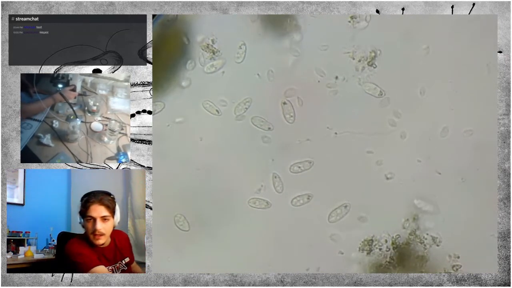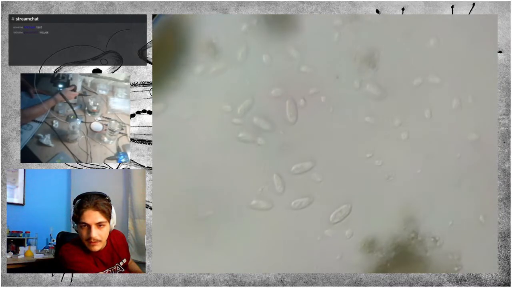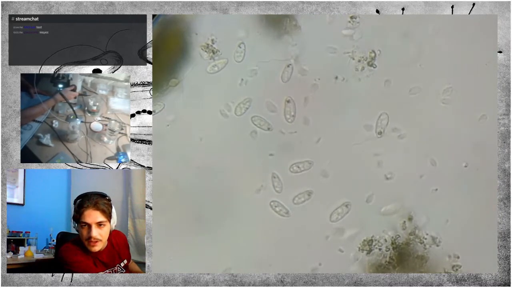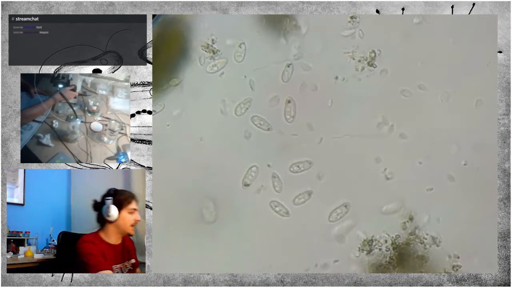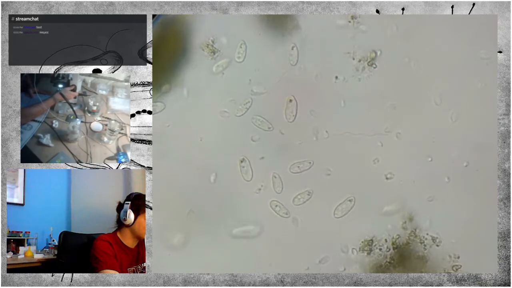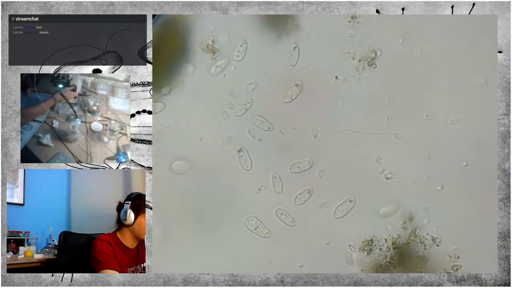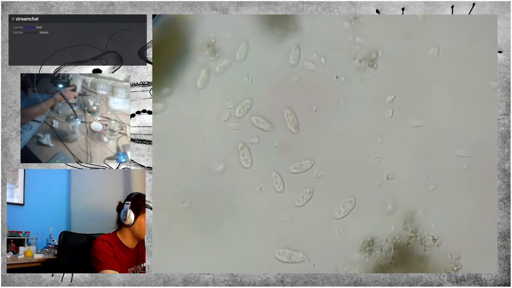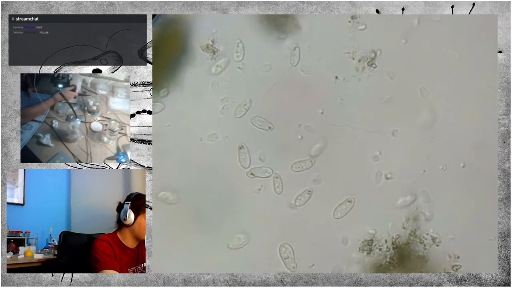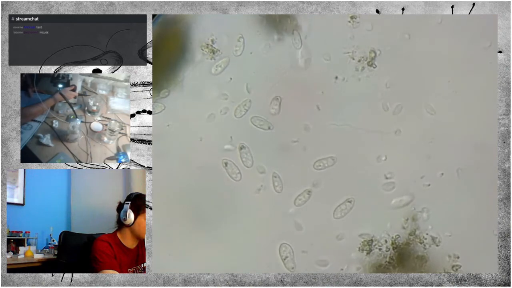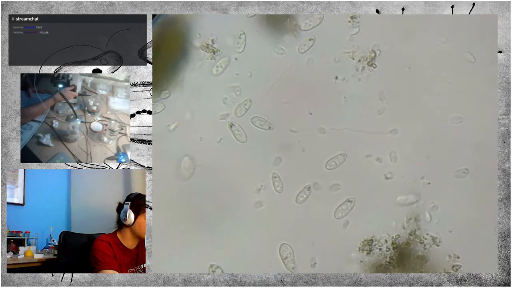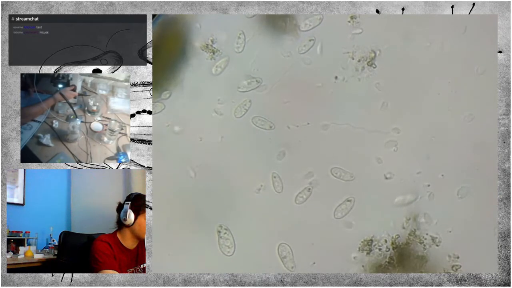And here, let me focus it. Right in the middle of the screen there should be a wavy string. That is a single bacterium, a spirochete. They are spiral, it is a single organism, not like the strings that we saw before.